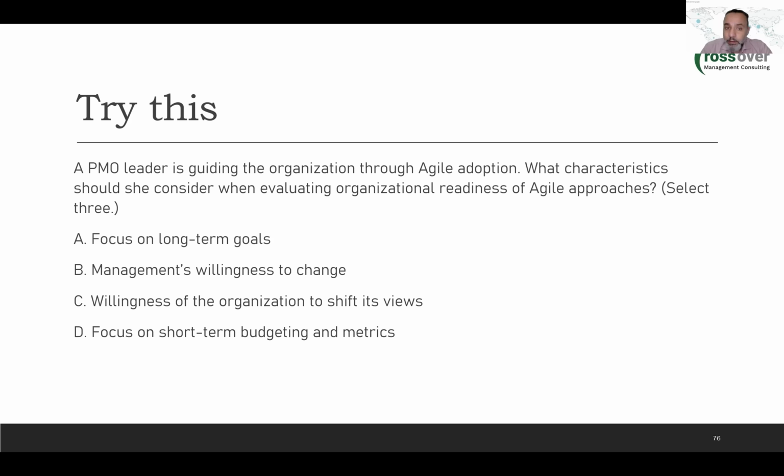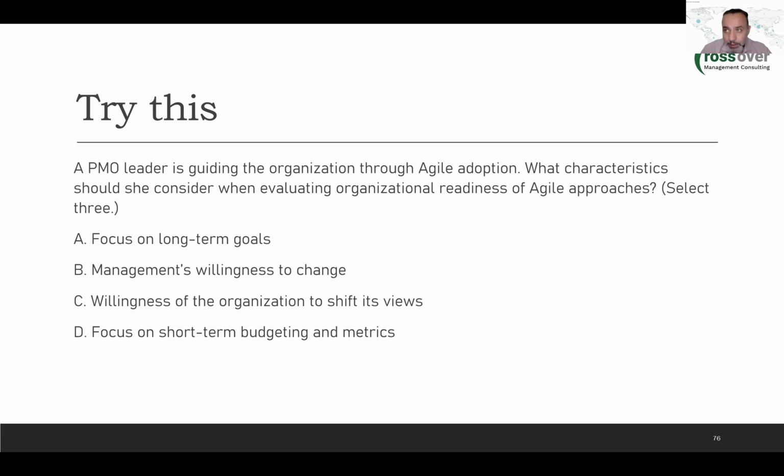Focus on long-term goals, management's willingness to change, willingness of the organization to shift its views, focus on short-term budgeting, and metrics. If we want, again, to evaluate whether this organization is ready to go agile, what should we look at?